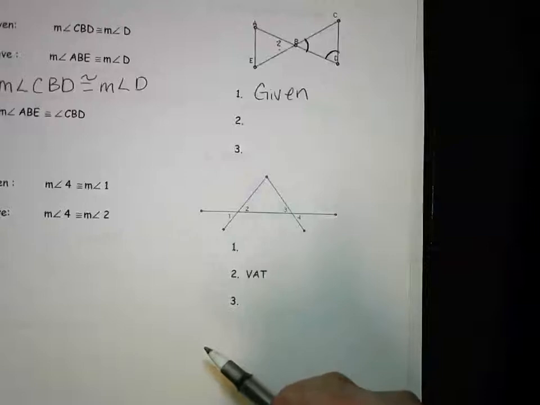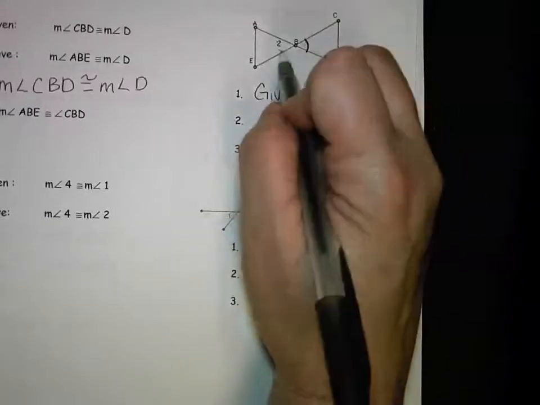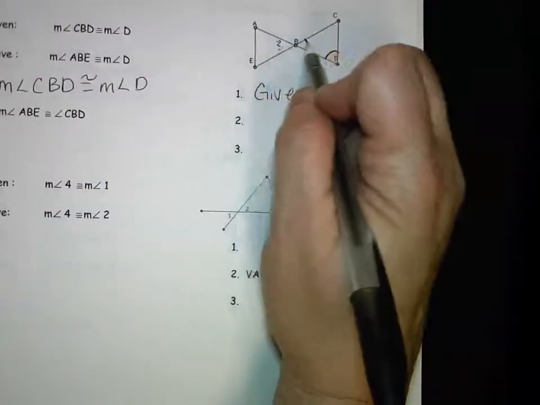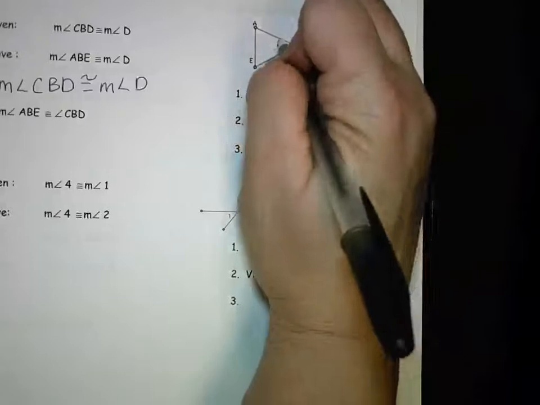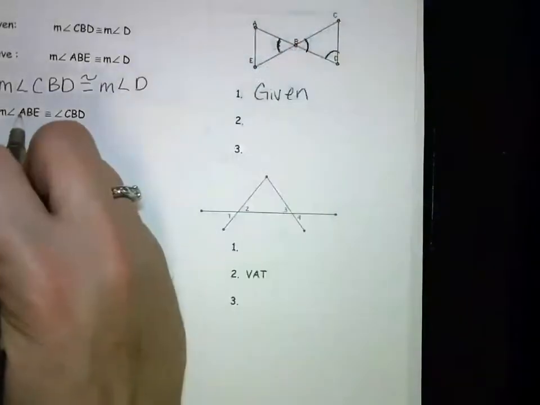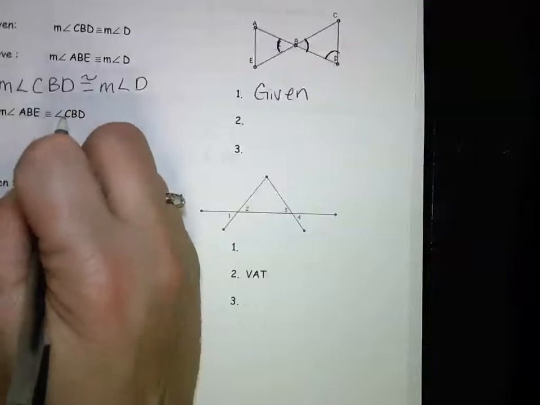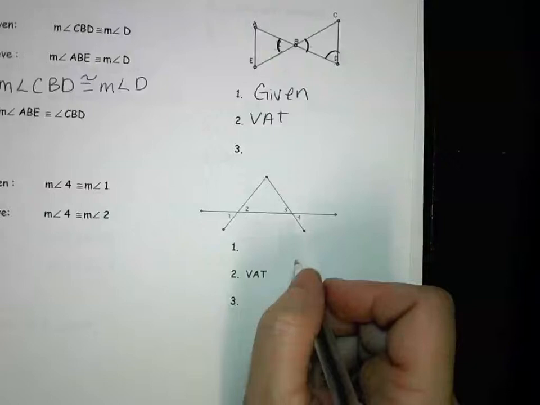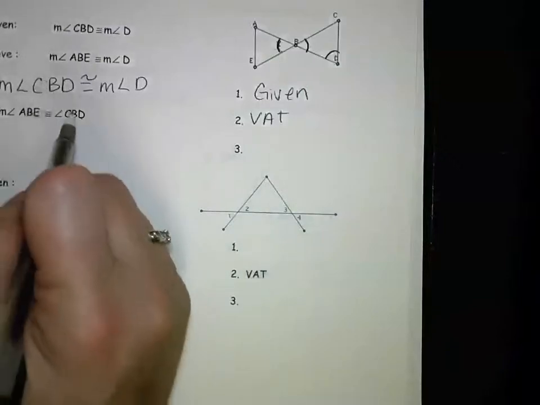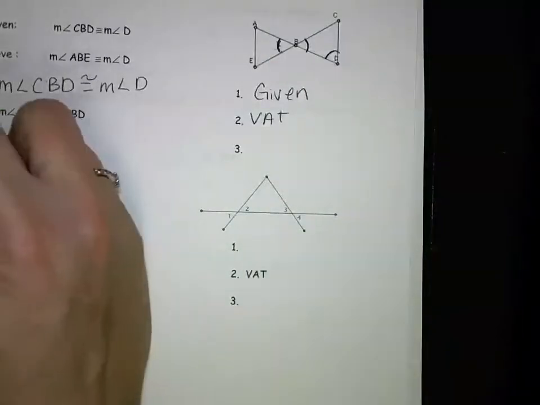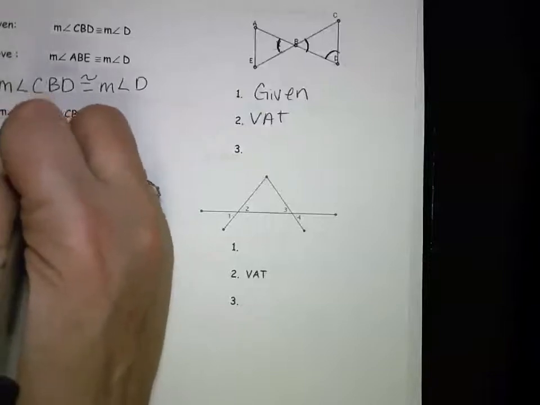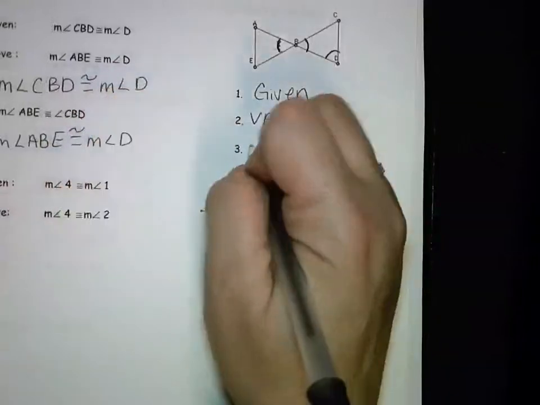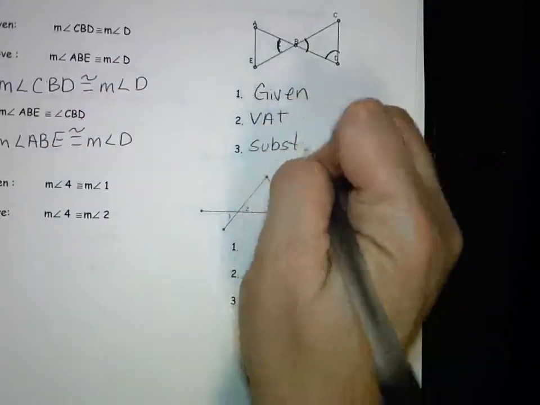So this time we need to look at our picture, and we're trying to get something with this angle. So there is a relationship between these two. These are vertical angles. So we can say ABE is congruent to CBD by the vertical angle theorem. And then both of these equal CBD. So we can say the measure of angle ABE is congruent to the measure of angle D by substitution.